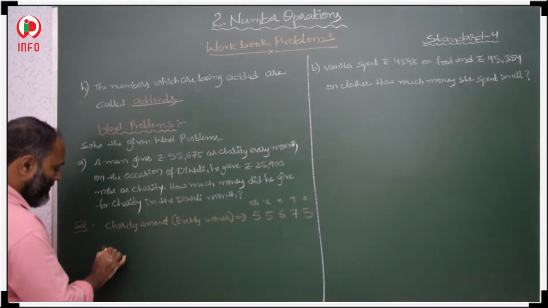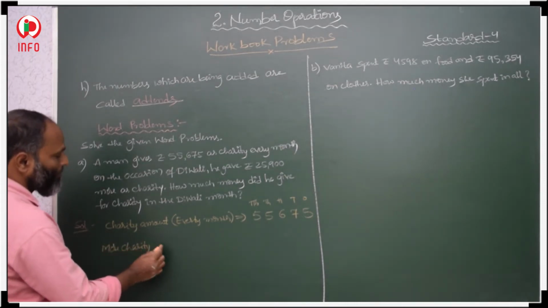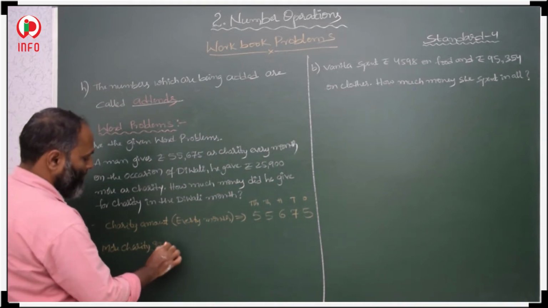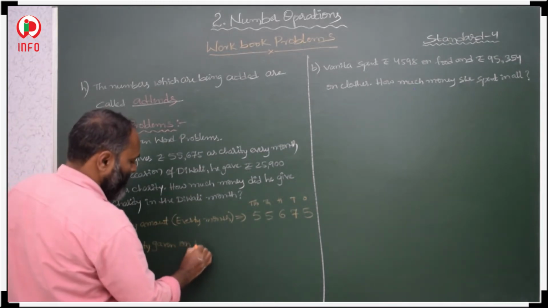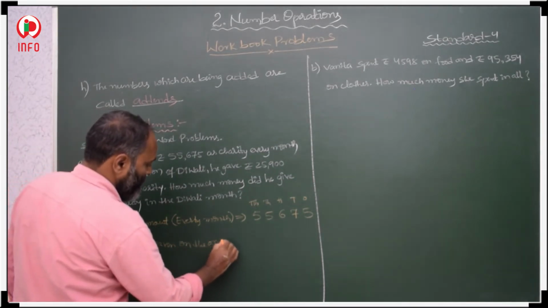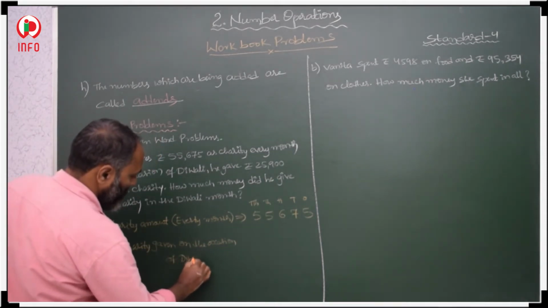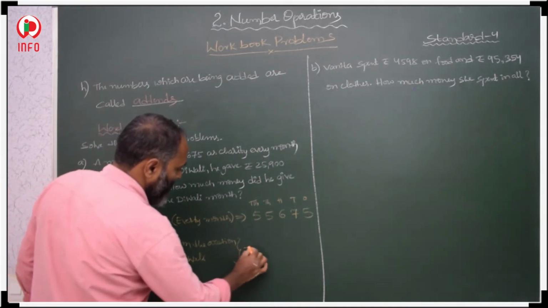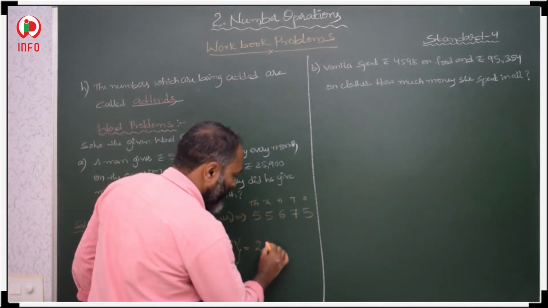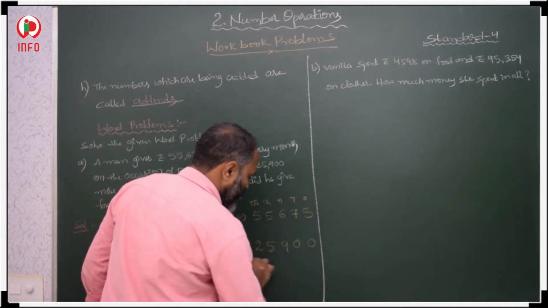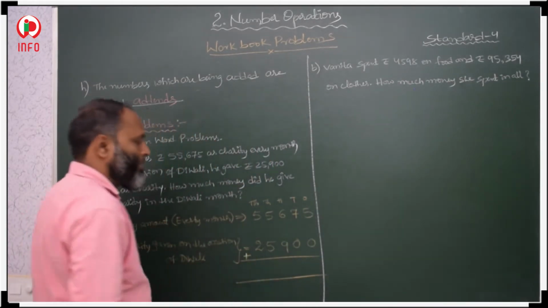Then more charity given on the occasion of Diwali: how much did he give? 25,900 more charity he gave. Then we have to add to find the total.